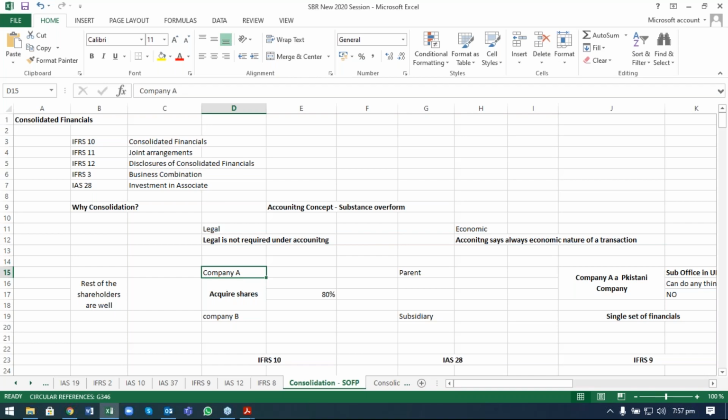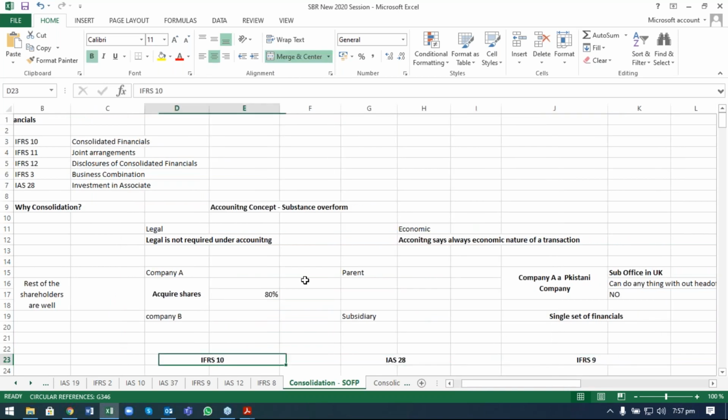That company A and company B are a single entity. As far as the economic aspect is concerned, they're not different. If they are the same, then you have to provide a single set of financial statements, just like in the previous case. Due to this main requirement, we are required to provide consolidated financial statements. Now we're looking into what IFRS 10, IAS 28 and IFRS 9 stand for.